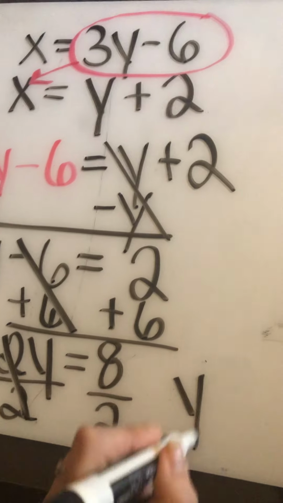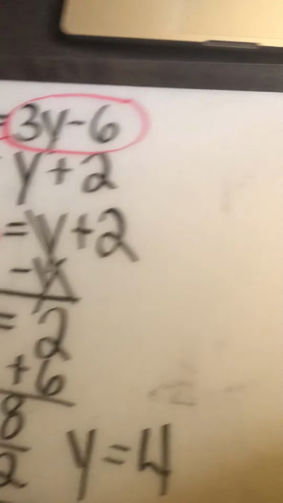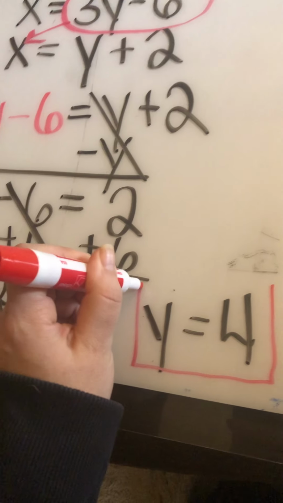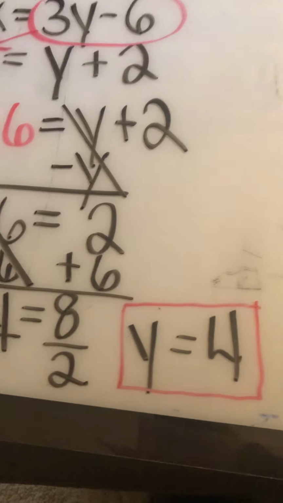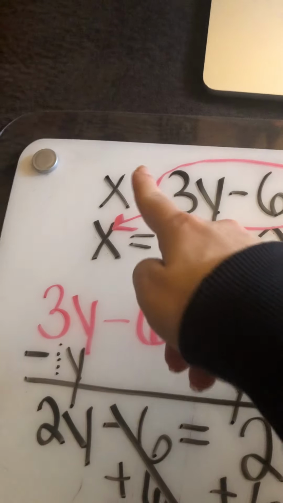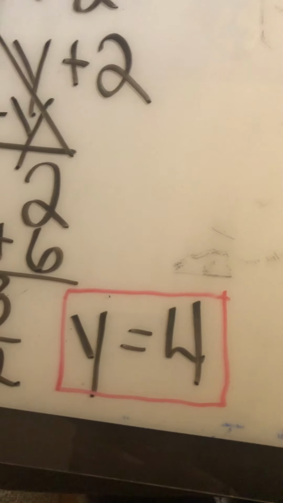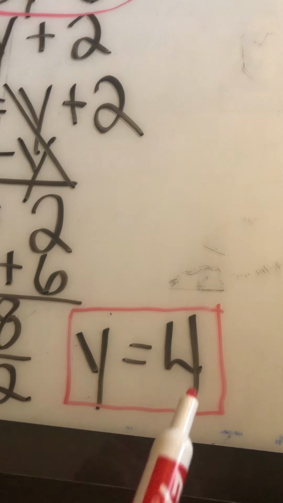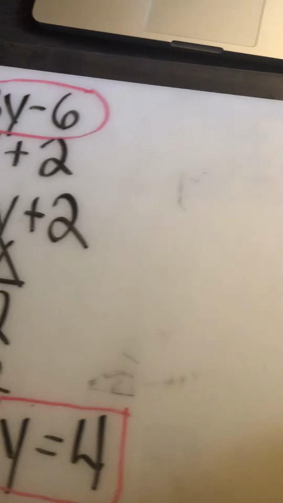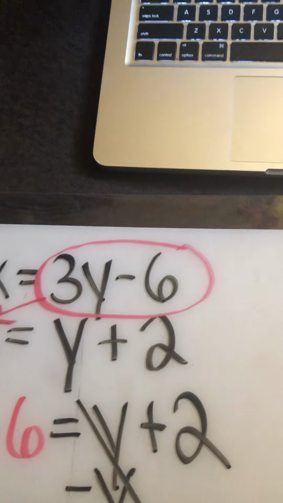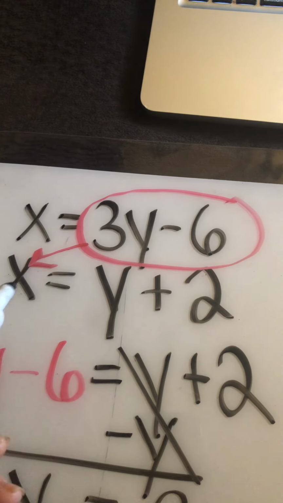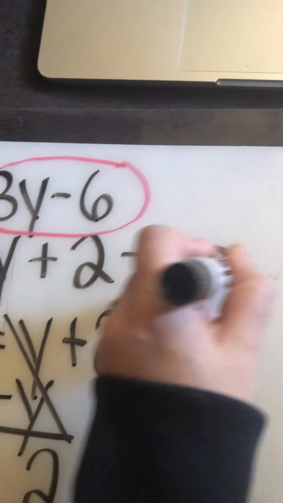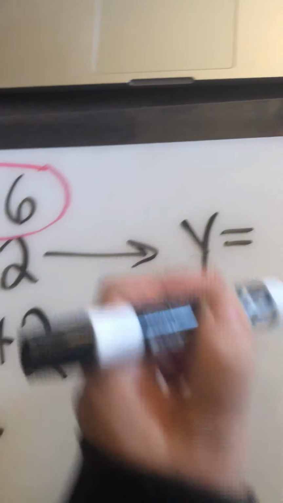So y equals 4. Now, this one's just a little different because remember before we got x equals some number. This time we're getting y equals some number because our equations were in the form x equals. Okay, so we know what the y value is to our solution. We now need to figure out x. So again, you're going to go to your system. You're going to pick either equation. I feel like this one's pretty easy because it's just y plus 2. So I'm going to rewrite that one over here. You can pick either one.